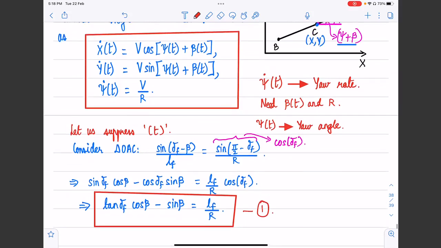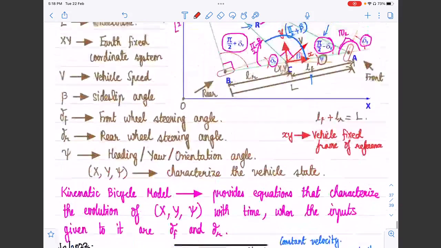I'm going to call this set of equations a block, using Roman numeral 1. This expression that we just derived, tan of delta f cos beta minus sine beta equals LF by R, is equation number 1. So this is what we get when we consider triangle OAC. Now let's go back and look at the other triangle.